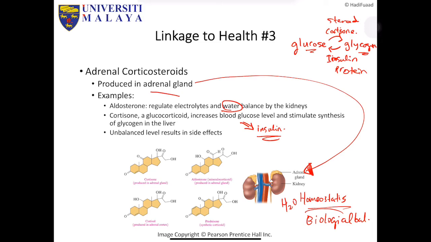Again, an unbalanced level of this, either glucose or water, can result in side effects. That's why drinking a lot of water is fine, but drinking excess water can actually kill you.